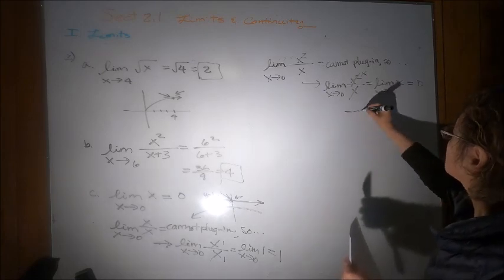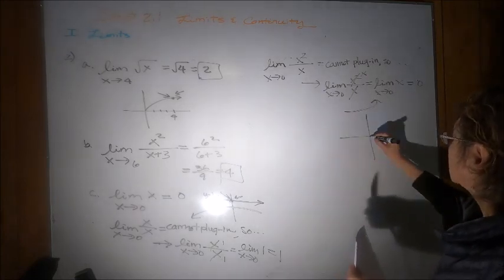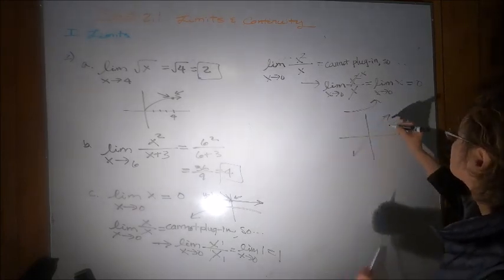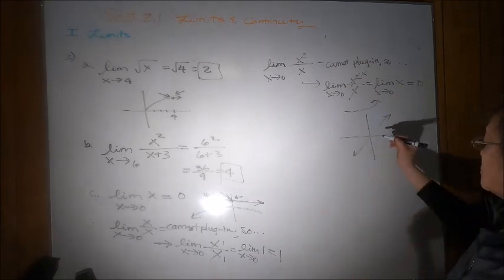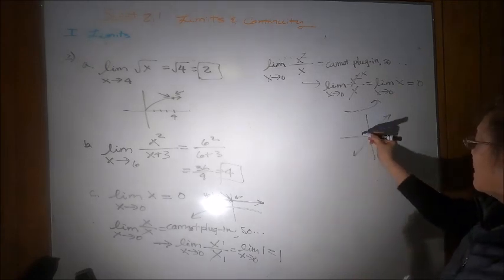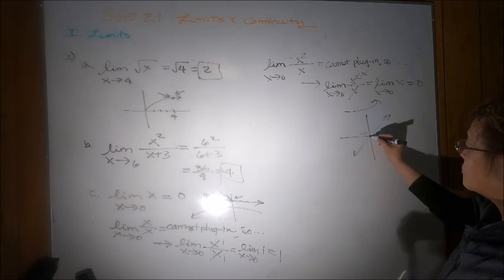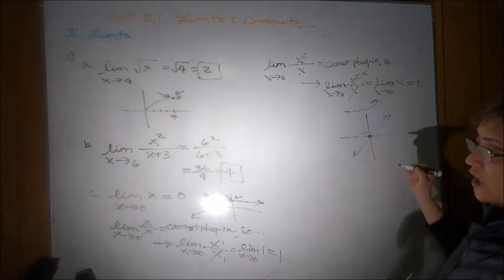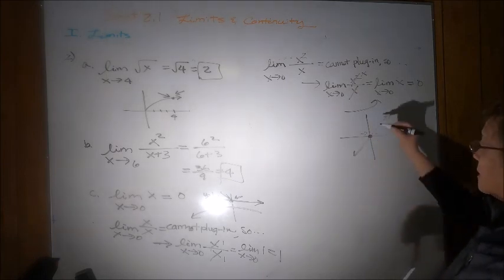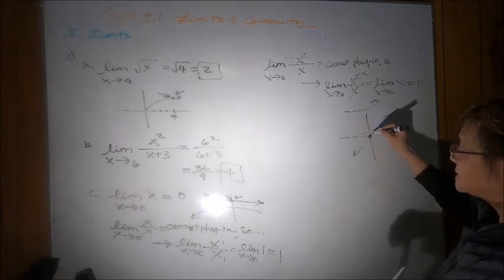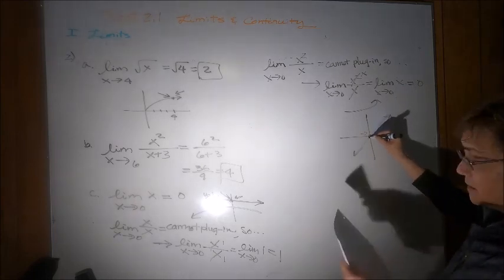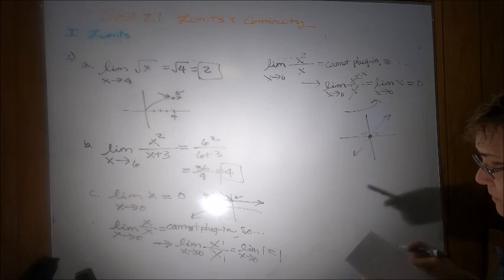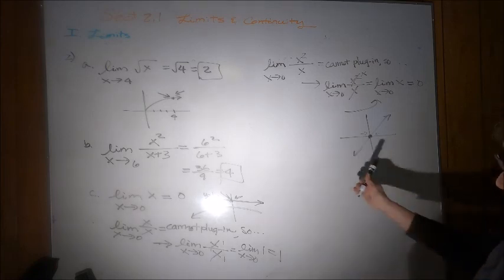So if you look at this graph, it will look like this. That's your x. So when x approaches from the right-hand side and left-hand side, what's your y value bounded by? How far can it go up and down? Just bounded by a value. Okay, so what did we just do?